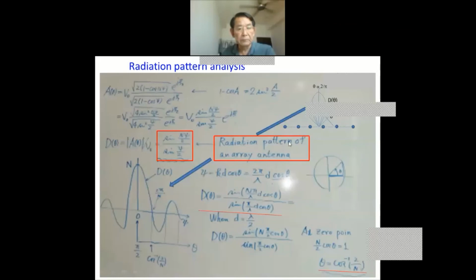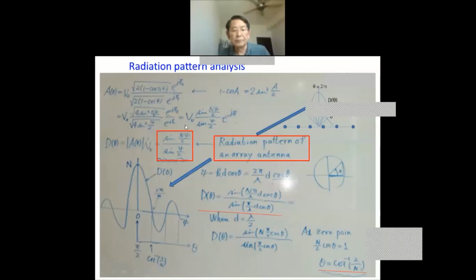In this case, this function becomes simpler: sine of 2π cosine θ over sine of 2π sine θ. This zero point becomes 1, so this expresses the point position.